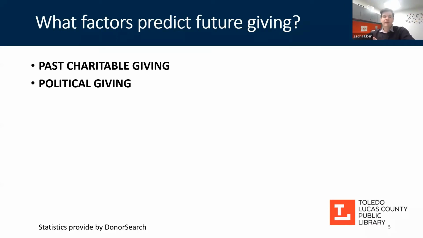People usually feel very passionate about a candidate when they're willing to give to them. So if you can strike a similar chord in your communications with those prospects, you'll have a greater chance of securing a gift. And you can take that one step further. If you can figure out where that gift went, which you would be able to through the data I'll show you, you can analyze what that candidate stands for, and maybe find those certain pieces within your organization to strike that chord with them.